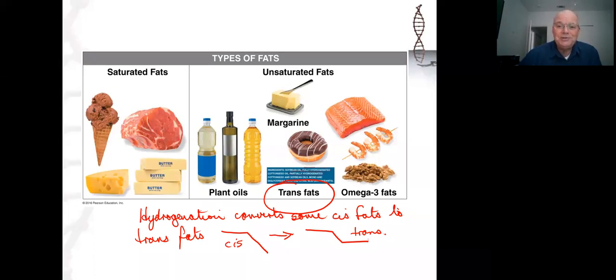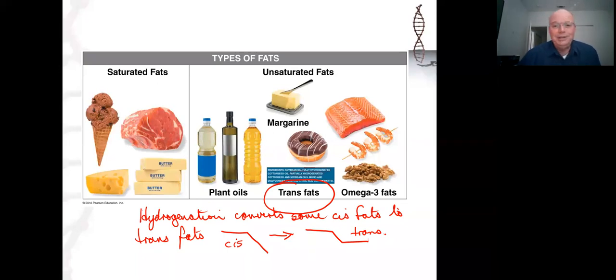So the recommendation is to limit the number of trans fats in food. And as of January 1, 2007, it was required that food manufacturers label foods in the nutrition label with the amount of trans fat that was present. And even before the legislation went into effect, manufacturers were starting to label their food as containing zero trans fat, and they were quite proud of it.